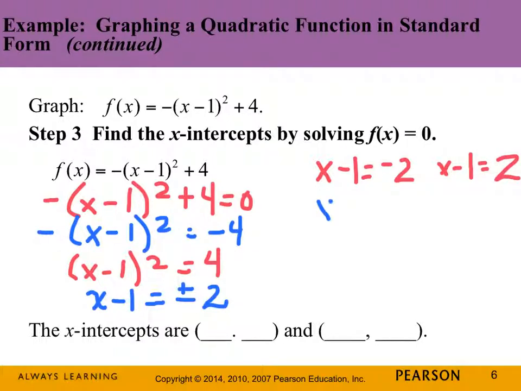So now if we add 1 to both sides, x equals -1, x equals 3. So our x-intercepts are going to be (-1, 0) and (3, 0).